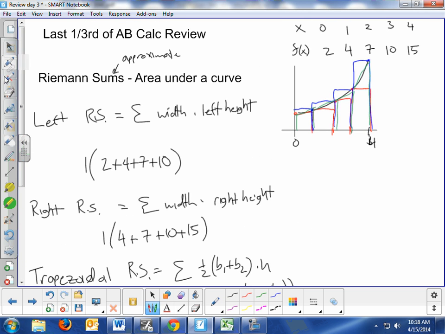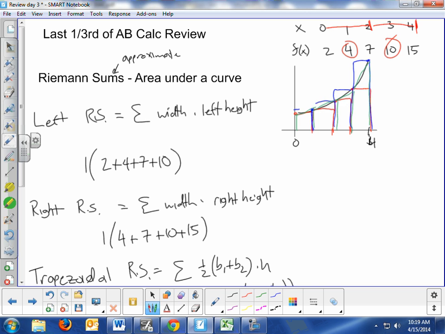So what we would probably do in this situation is only do 2 intervals, and we'd use that height of 4 for the first interval from 0 to 2, and the second interval would be from 2 to 4, and we use this height in the middle, which would be 10.